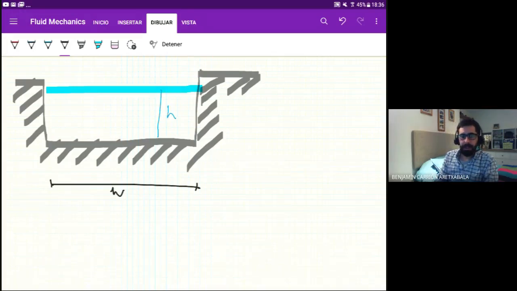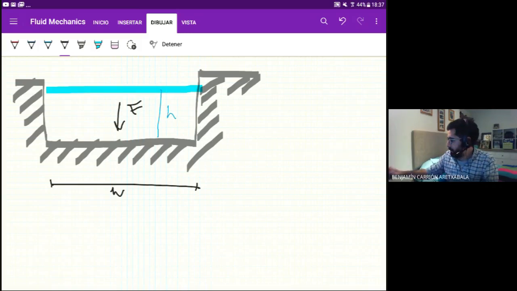Given that and what we just saw, what is the total force that the pool has to withstand at the bottom? There is a force here applied to the bottom of the pool. You should be able to compute that, right?